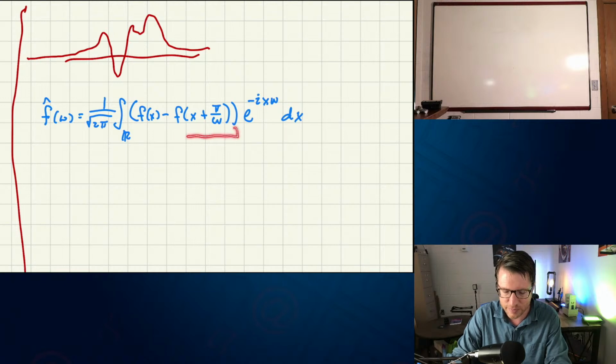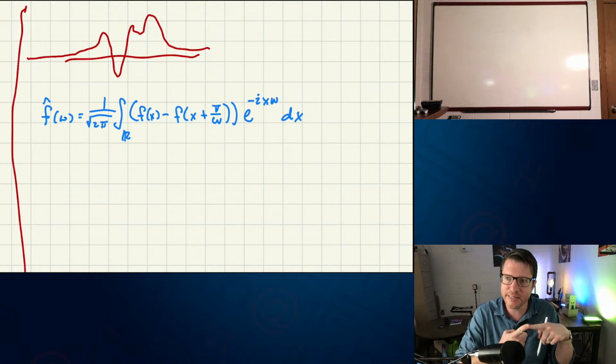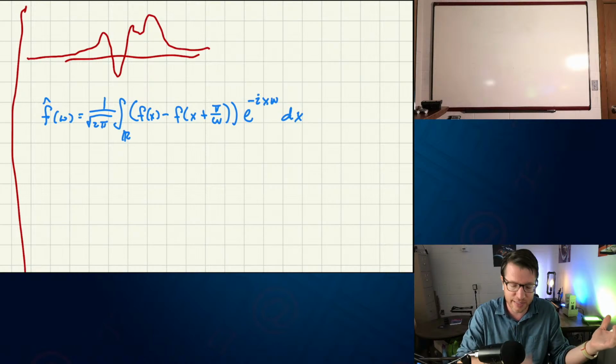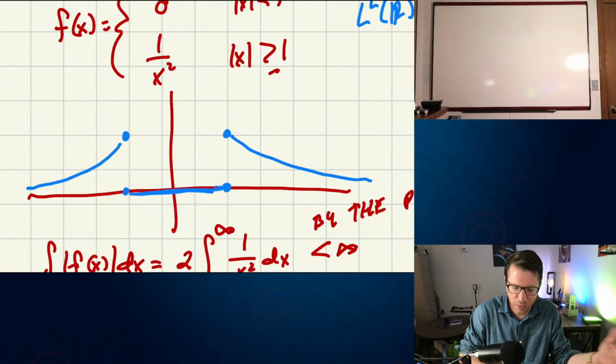So we're trying to show that this whole thing goes to 0 as omega goes to infinity. Although we have this problem. f is an L1 function. It's not necessarily continuous. In fact, a slide ago, we just showed an L1 function that had a jump on it. That's not continuous, so that doesn't help us.